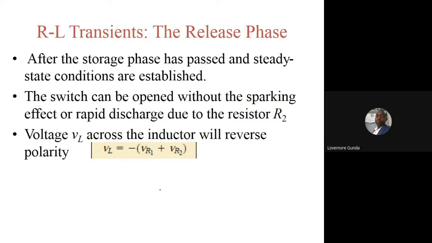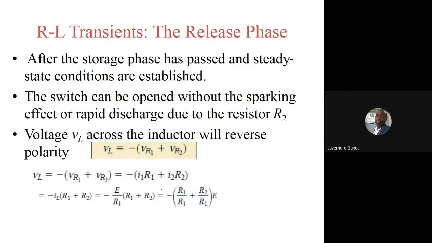So VL becomes equal to minus VR1 plus VR2. VL becomes equal to minus I1 R1 plus I2 R2. I think that is straightforward from our Kirchhoff's voltage law.